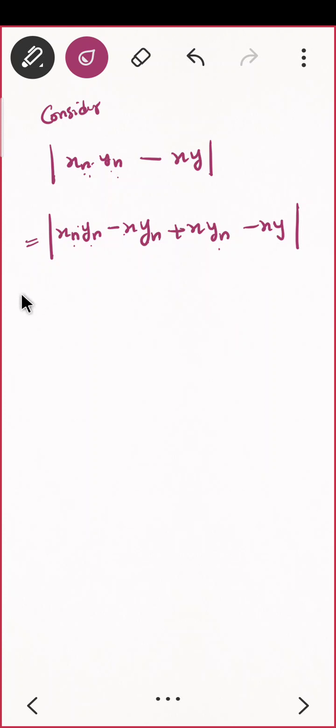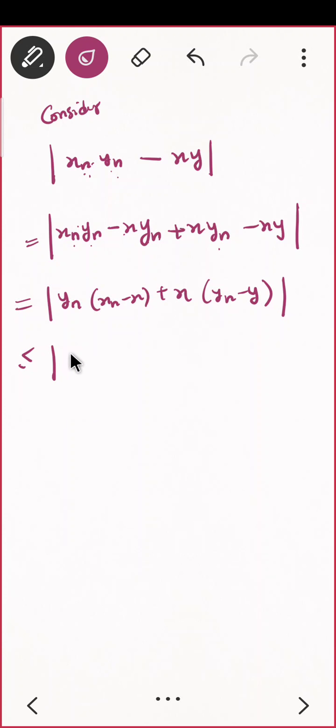That means in the next case, I'll write xn into yn minus y. Oh, sorry, yn is outside. Yn into xn minus x plus x outside, yn minus y. Do you agree? So next you will be using the triangle inequality. What is the triangle inequality?